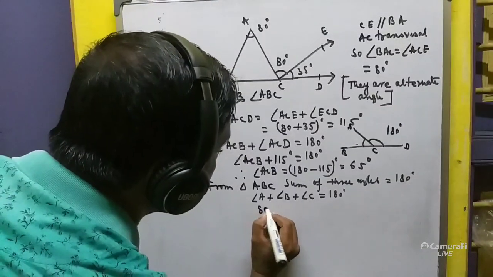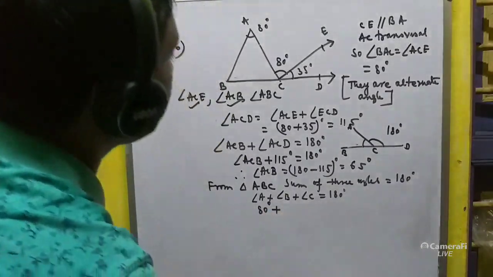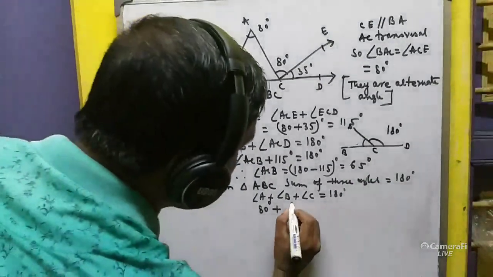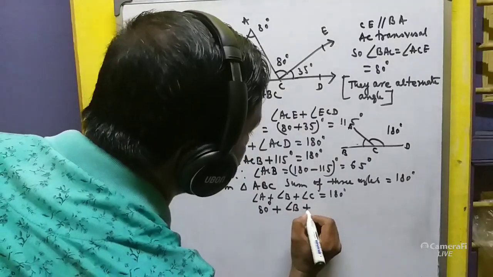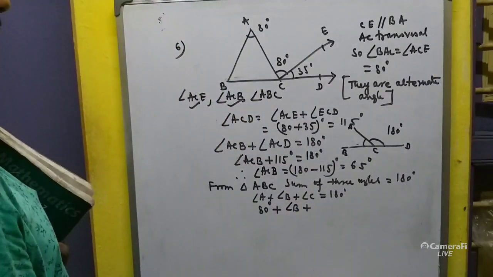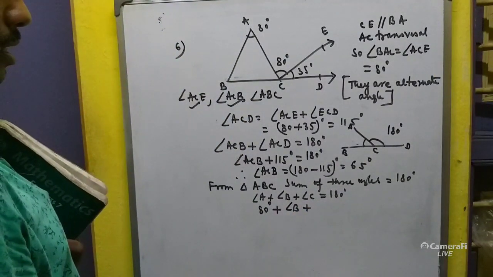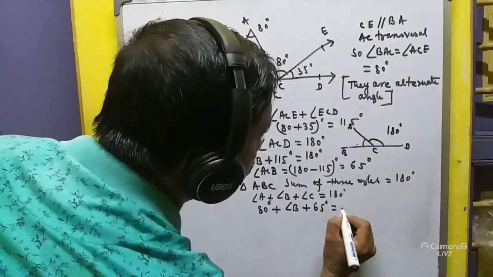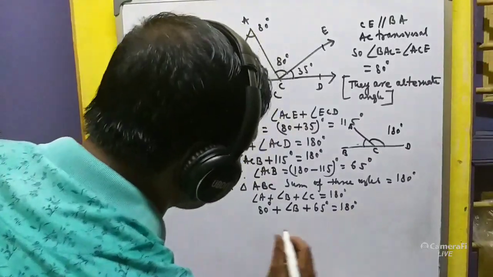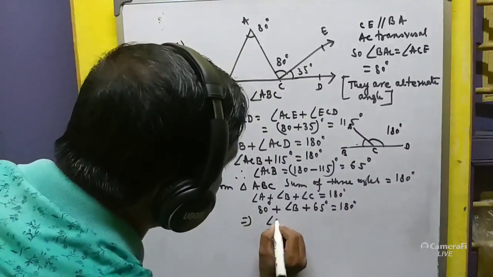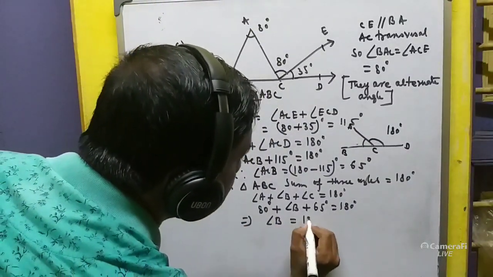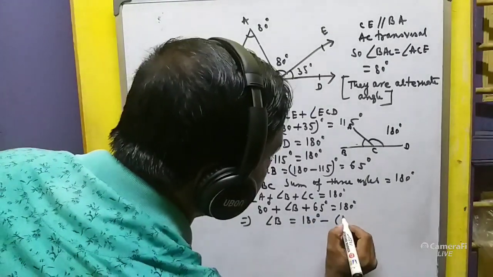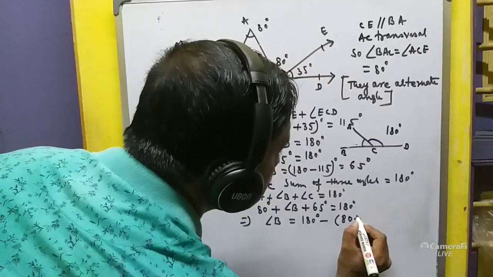So put 80 degree plus angle B. Angle B you have to find out. So write angle B plus angle C. Angle C you get 65. So write 65 equal to 180 degree. So now angle B equal to 180 degree minus 80 plus 65 degree.